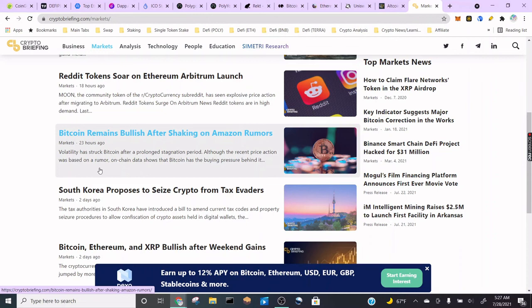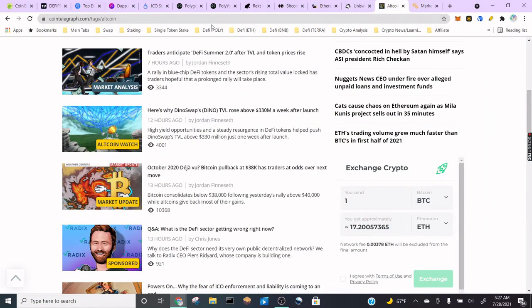But if the gas is $10, $15, $20, I'm going to wait until I have $300, $400, $500. If you do the math, the other day I was trying to exchange $100 or something and it was a $20 gas fee. That's literally 20% of my whole trade already sucked into the fee. So you've got to watch out.